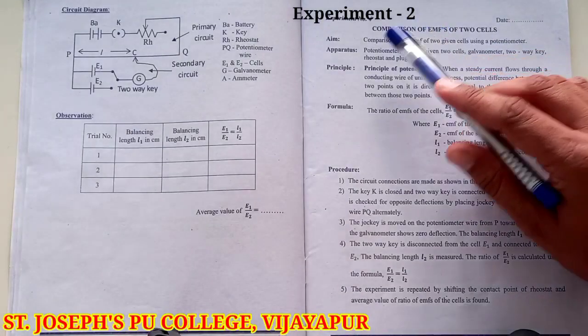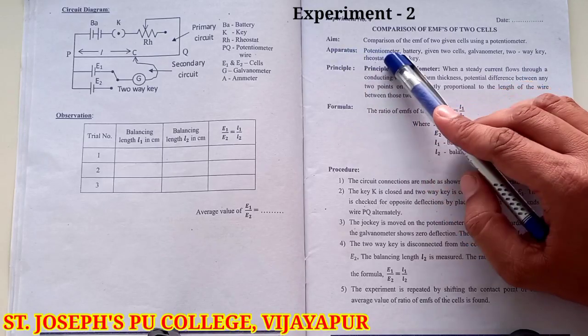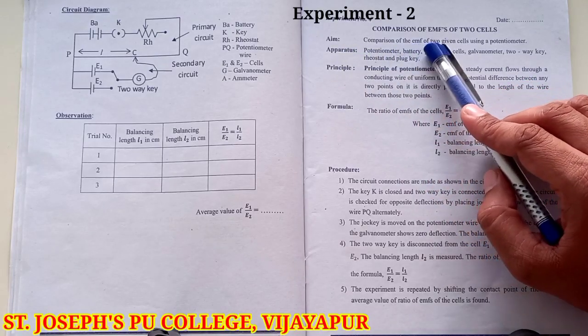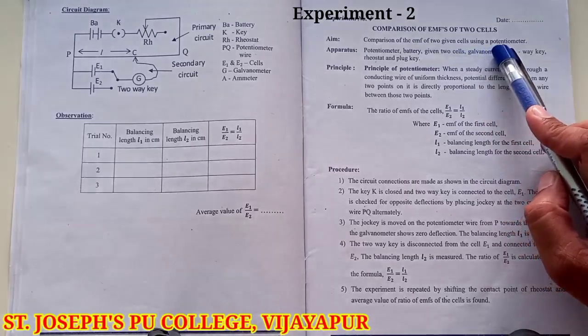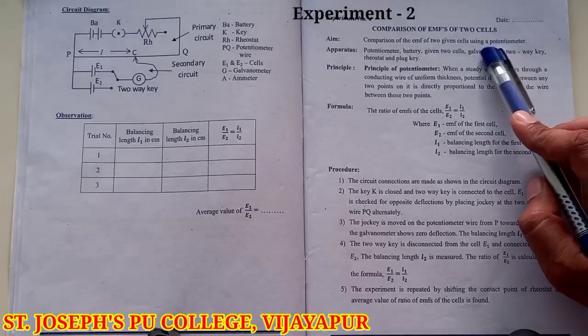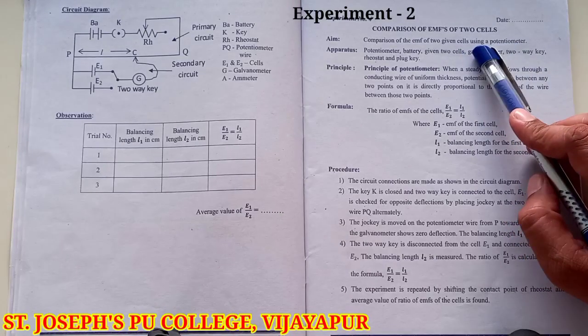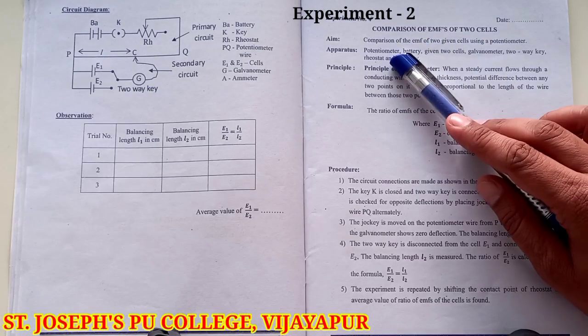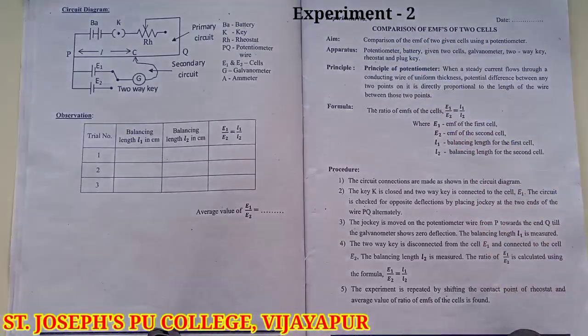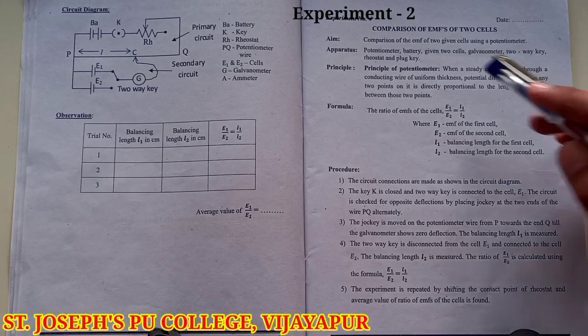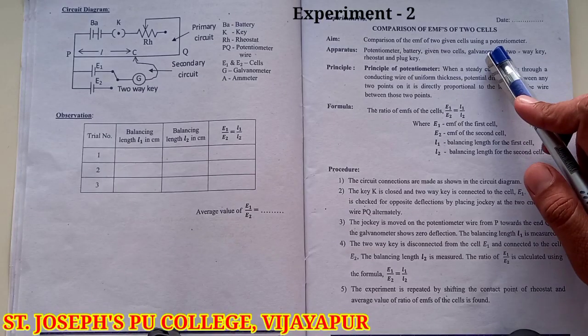Now, let us see the aim of the experiment: comparison of the EMF of two given cells using a potentiometer. In our theory discussions, we already discussed the uses of a potentiometer.